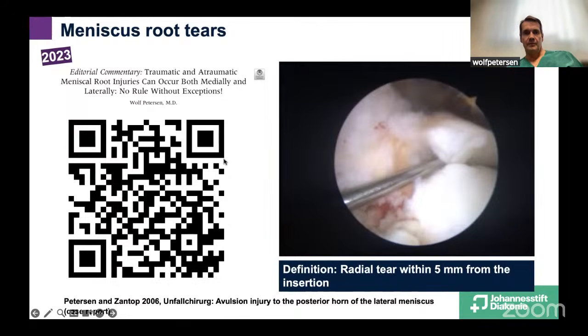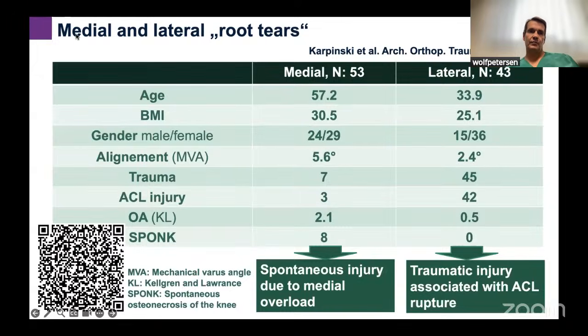And when we compare medial and lateral meniscus root tears, we find that they are completely different entities. In the medial root tear group, the age is higher, 57 versus 33. BMI is also higher, 30 versus 25.